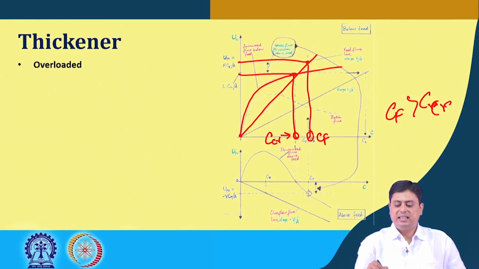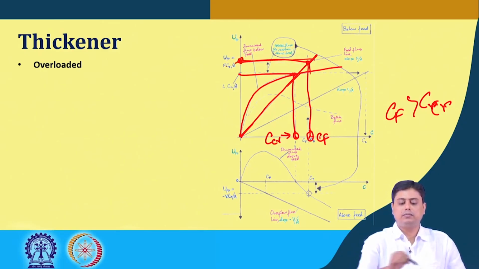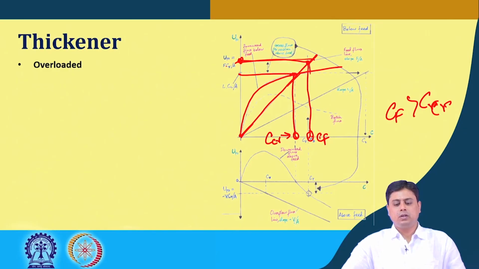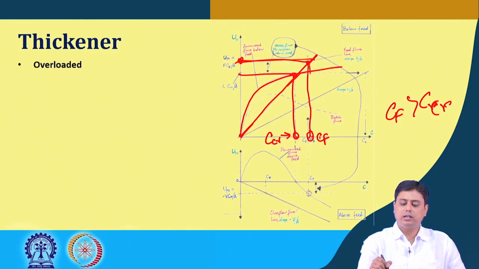The F by A line represents the relation between the flask and its corresponding concentration. So, if the concentration is this one, the feed flask is this value.